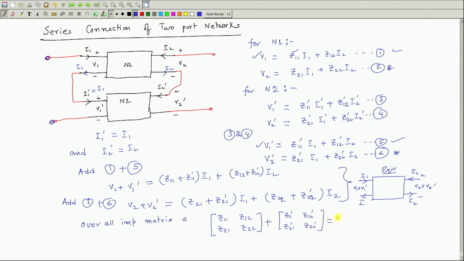Then only you will get term by term addition. These elements will be Z 11 plus Z 11 dashed, this element Z 12 plus Z 12 dashed, this Z 21 plus Z 21 dashed, and this Z 22 plus Z 22 dashed. Got the point?